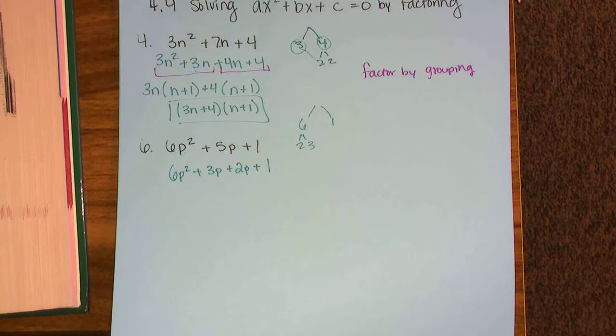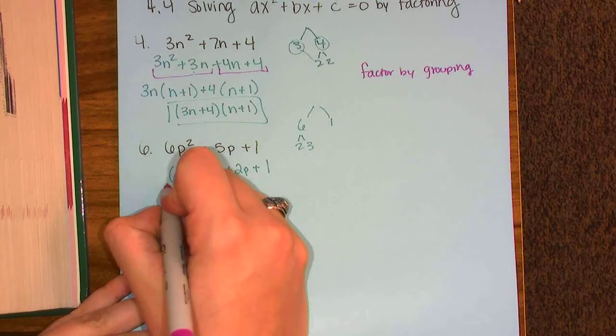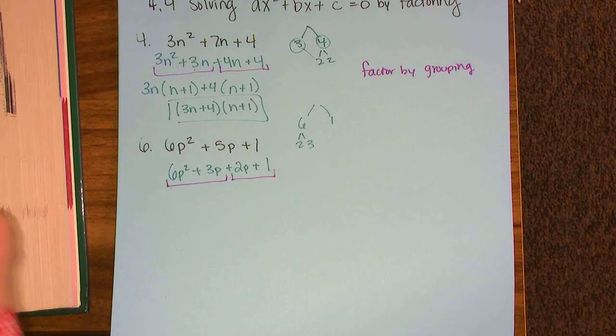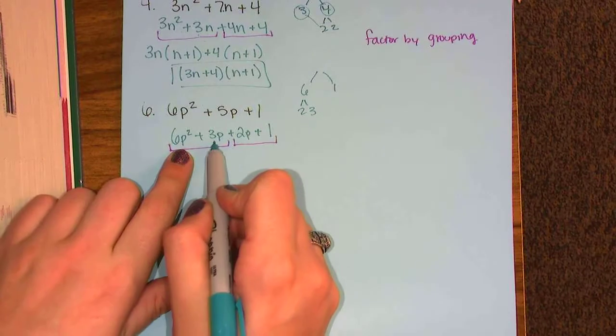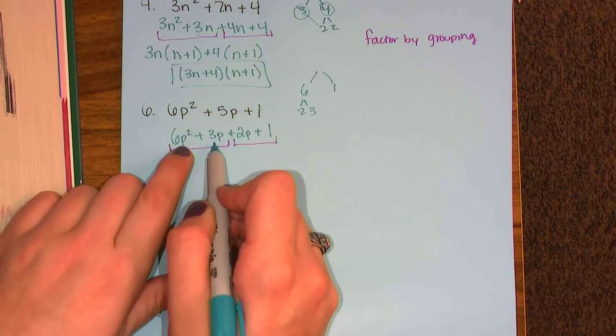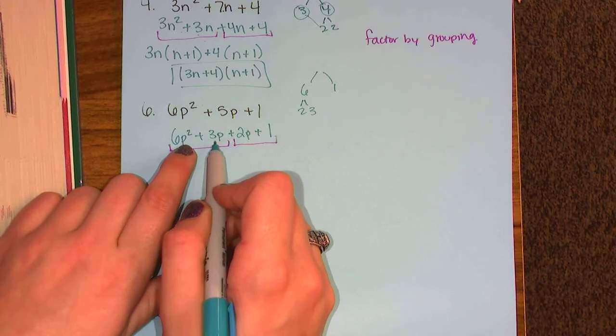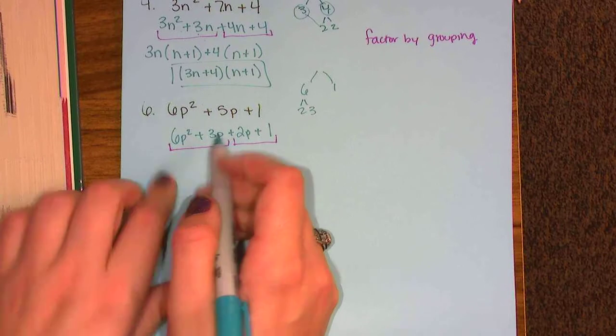Now we're going to do this factor by grouping again. I'm going to try to keep my colors together so you guys can see what I'm doing as best as possible. So I need to figure out the biggest thing I can pull out of both of these pieces. I have a 3p here, I have 6p squared here, so I can definitely pull out a 3 from both pieces. I can pull out a p from both pieces.